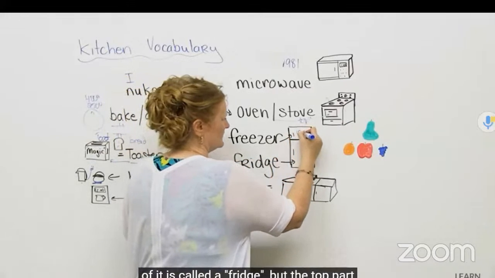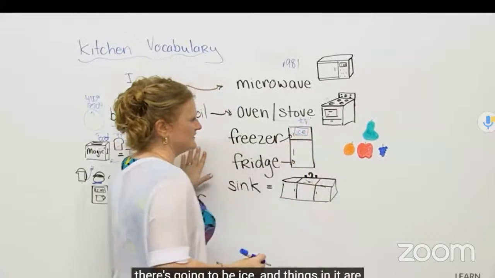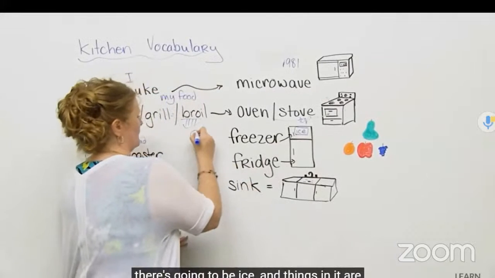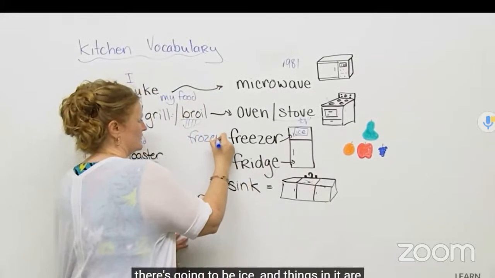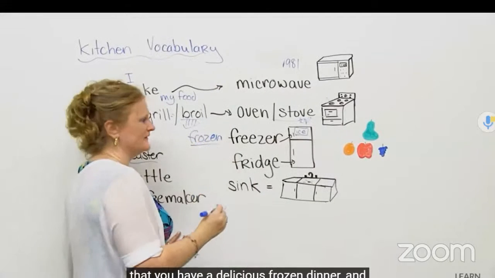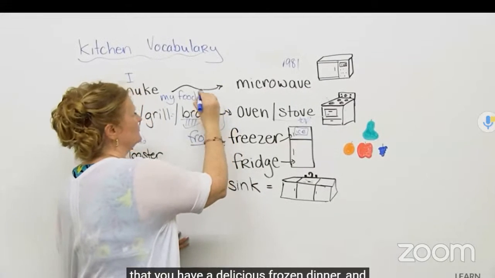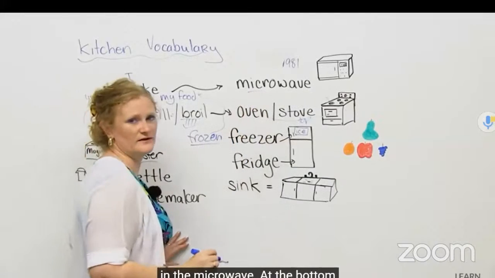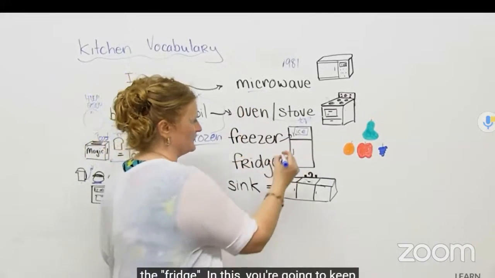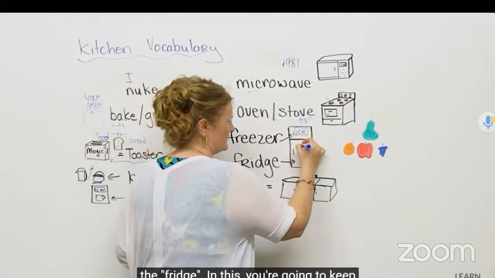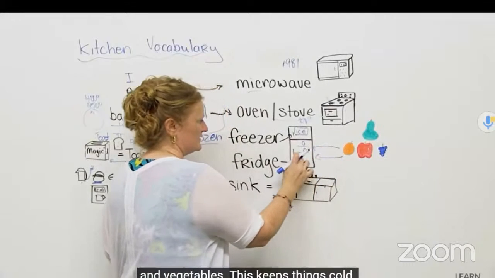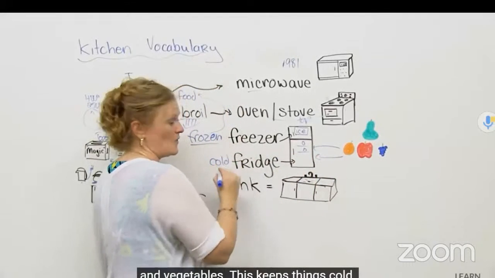A freezer is where there's going to be ice, and things in it are going to be frozen. So let's say that you have a delicious frozen dinner, and you want to nuke it. You're going to put it in the microwave. At the bottom part of your refrigerator is the fridge. In this, you're going to keep your beer and your milk, maybe some fruit and vegetables. This keeps things cold.